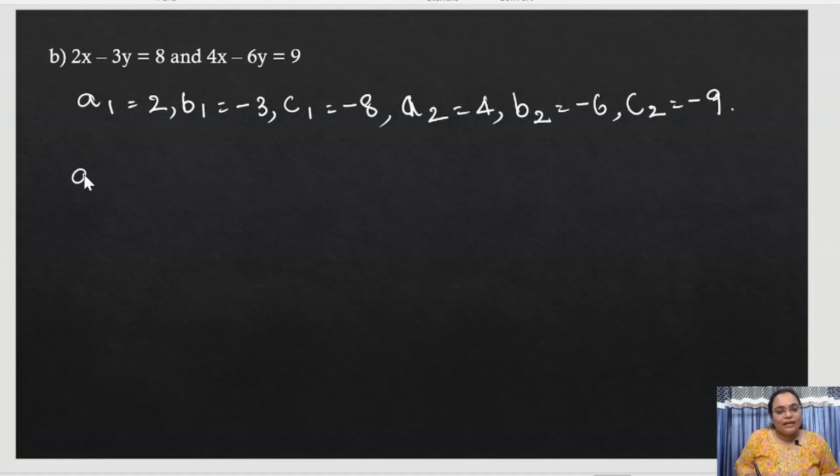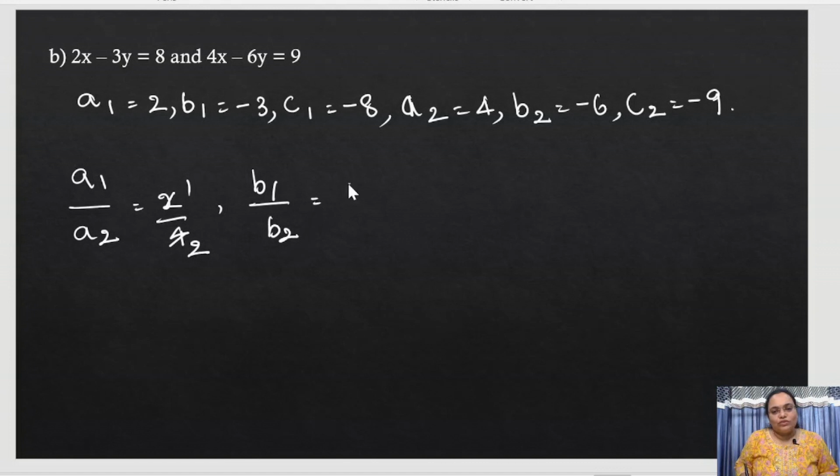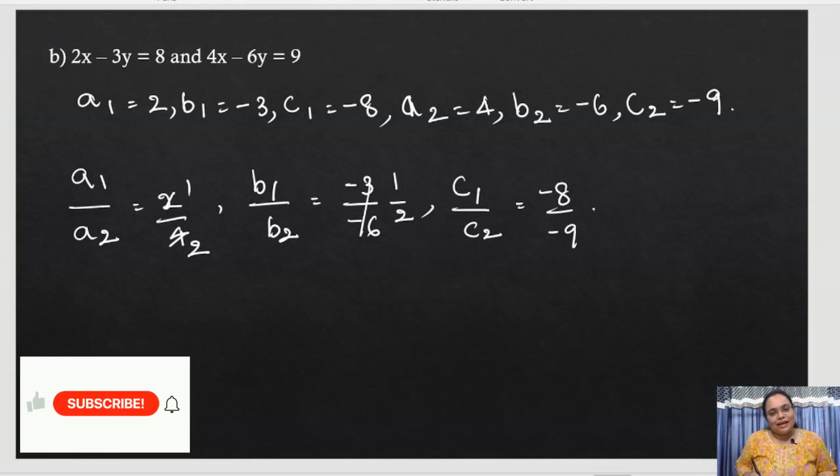Okay. So let us find the ratios. That is a1 by a2 equals 2 by 4, which is 1 by 2. b1 by b2 equals minus 3 by minus 6, which is also 1 by 2. And c1 by c2 equals minus 8 by minus 9.